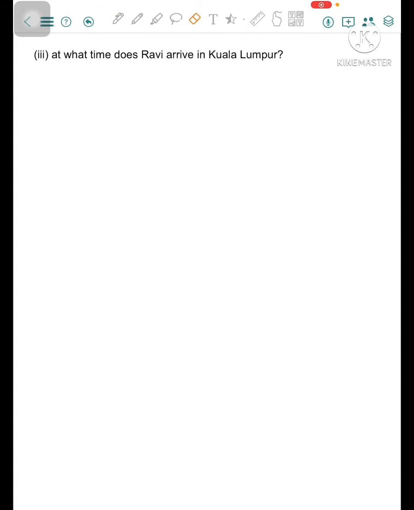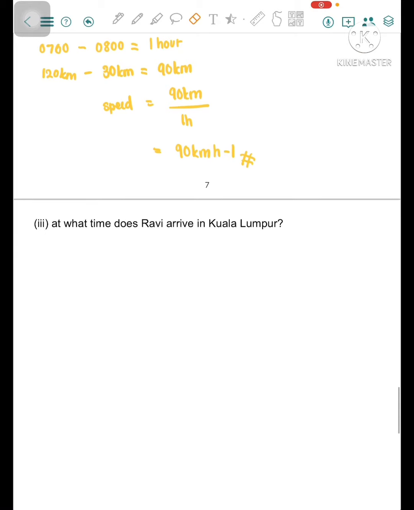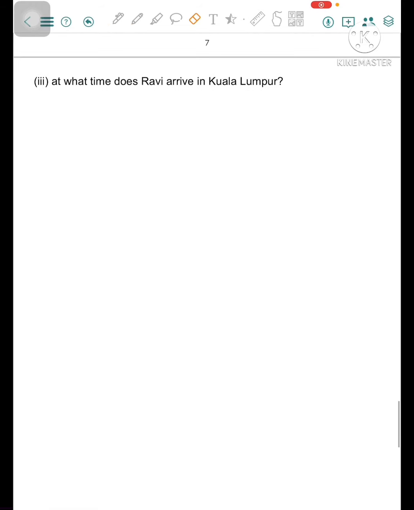Okay, question 3, C. At what time does Ravi arrive in Kuala Lumpur? This question uses the same method as question B. So since we have the speed and the distance from Kuala Lumpur to Melaka is permanent, that is 120 km, you only need to find time. So 90 km h negative 1 is equals to 120 km over time.